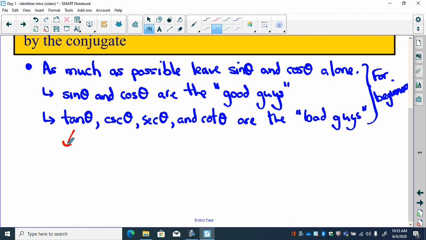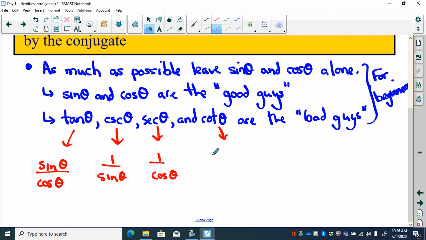Tangent is really sine theta over cosine theta, if we know our quotient identity. Cosecant, that's a reciprocal identity, 1 over sine theta. Secant theta, that is a reciprocal identity, 1 over cosine theta. And cotangent, I could use the quotient identity, cosine theta over sine theta.